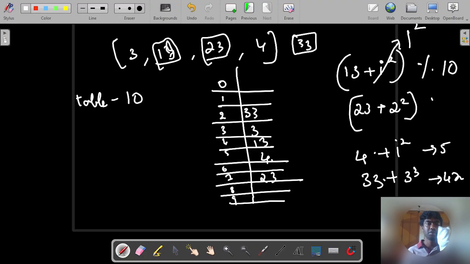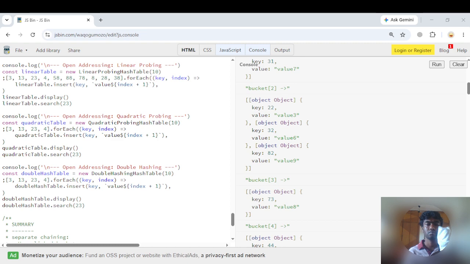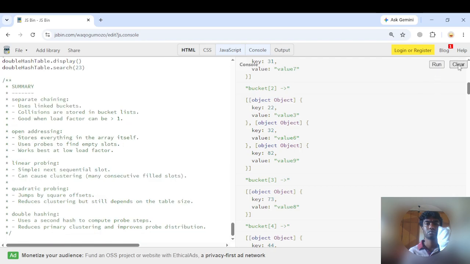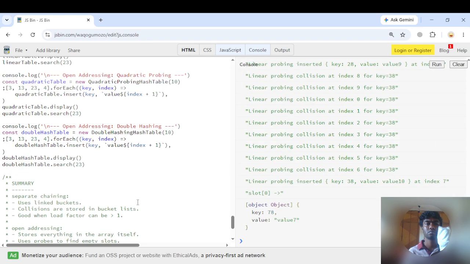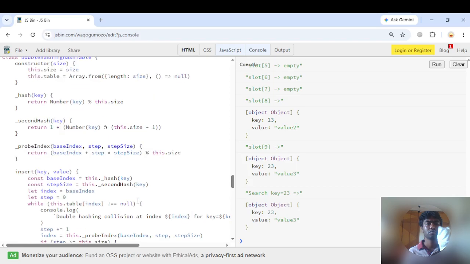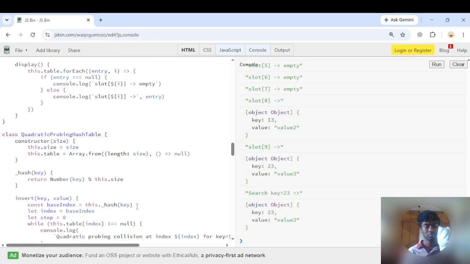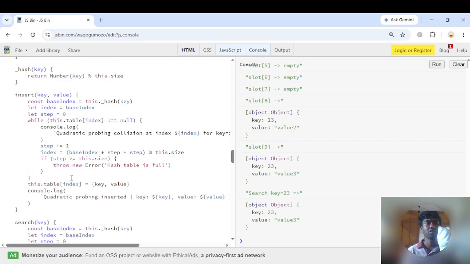Let me switch to JSPin and let's quickly understand the code implementation for this. In case of quadratic probing, here we have the insert method.